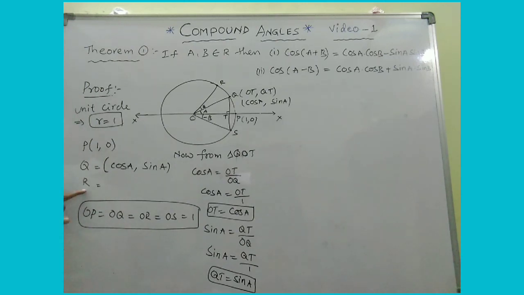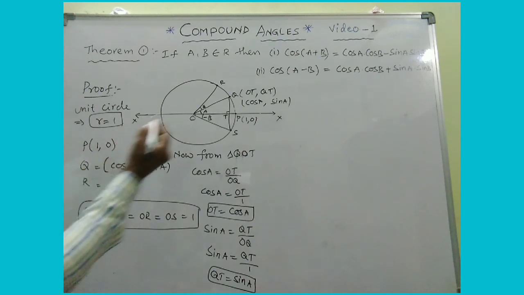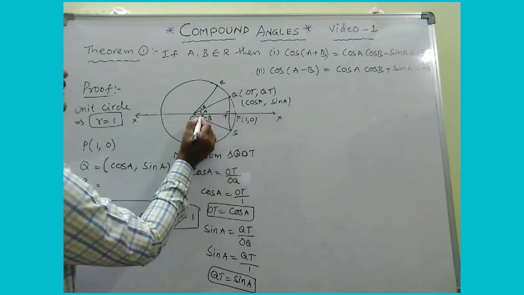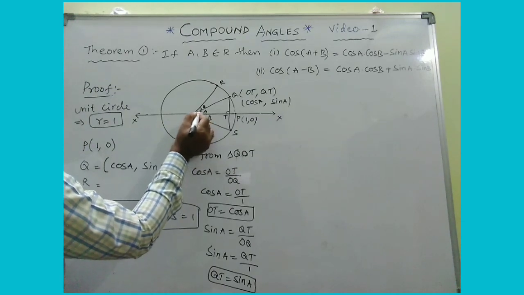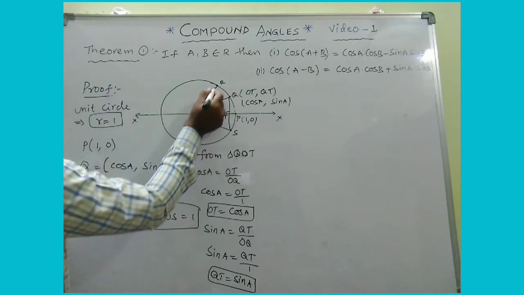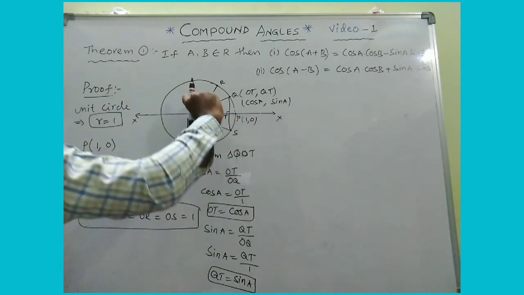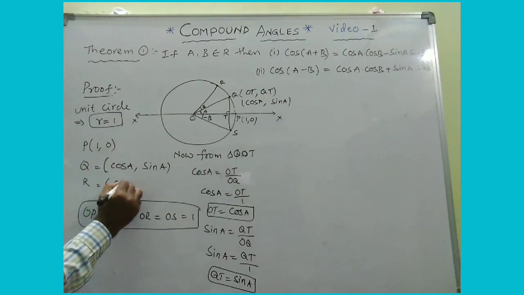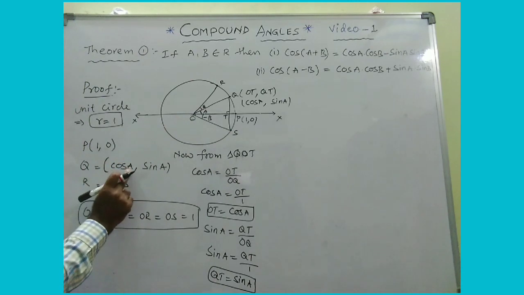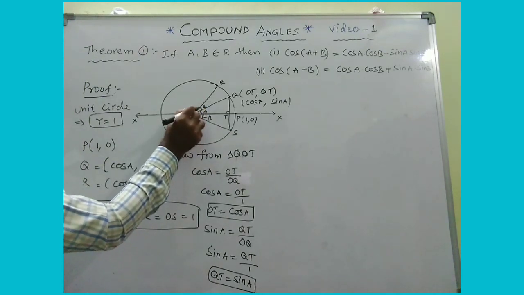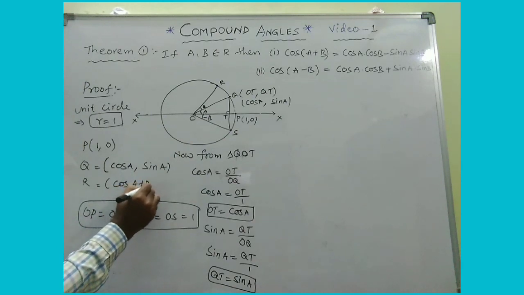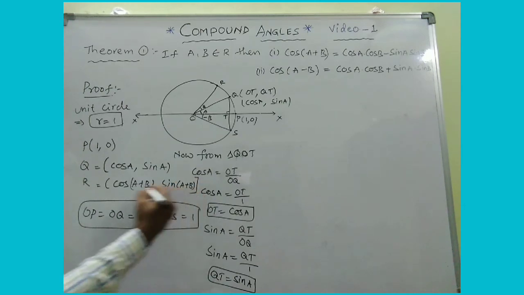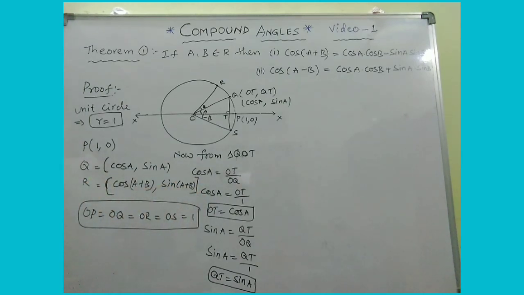Then next I want the coordinates of capital R. Just look at R. It makes an angle with the x-axis: up to here the angle is A, and from here to here the angle is B, so the entire angle is A plus B. In the same process, earlier the angle was A, that's why cos A. Now the angle is A plus B. Hence this is cos of A plus B, comma, sine of A plus B. So these are the x and y coordinates of the point R.